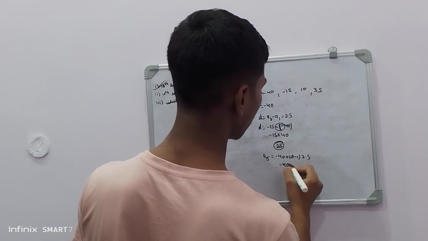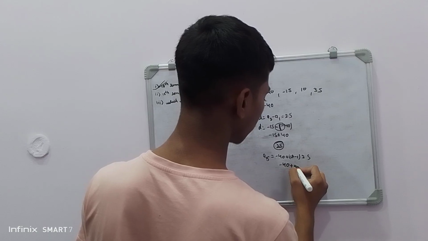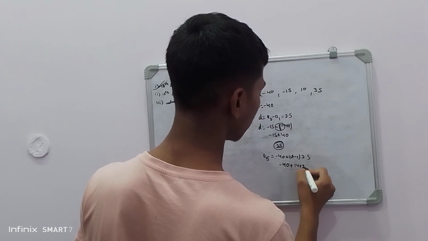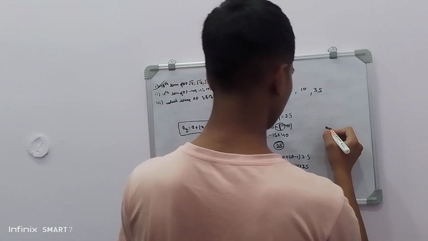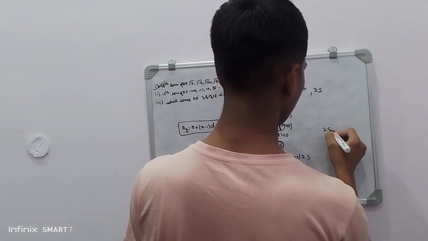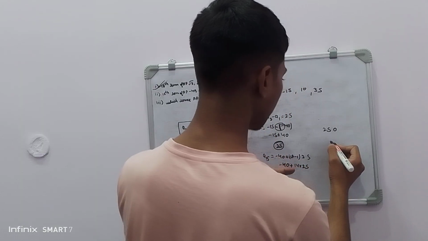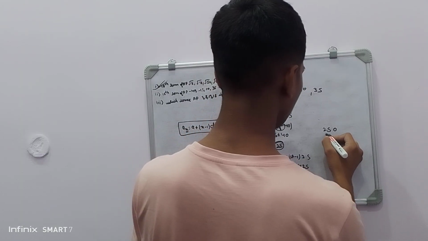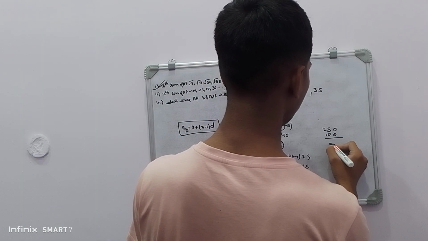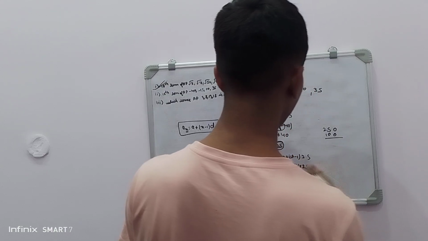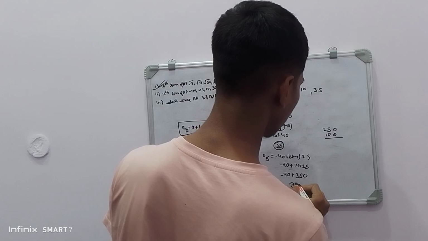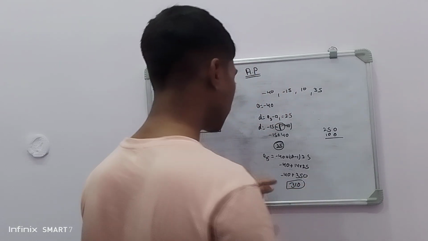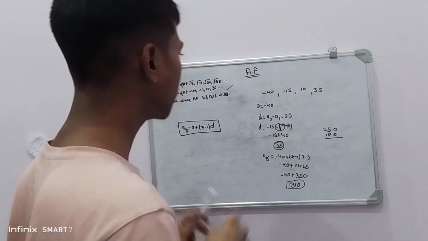So minus 40 plus 350 becomes 310. So A15 is 310, which is the answer.